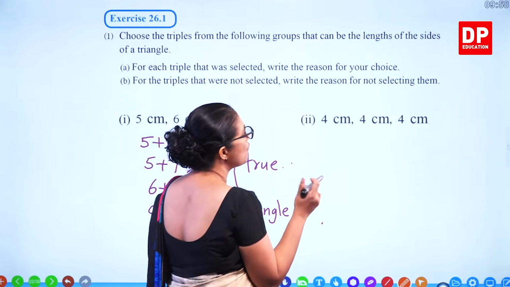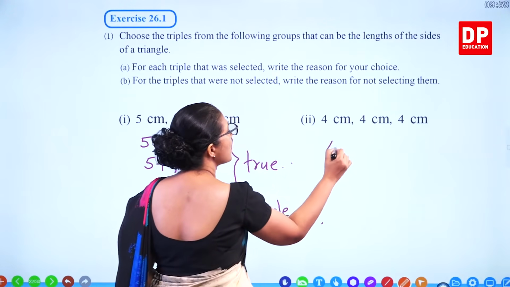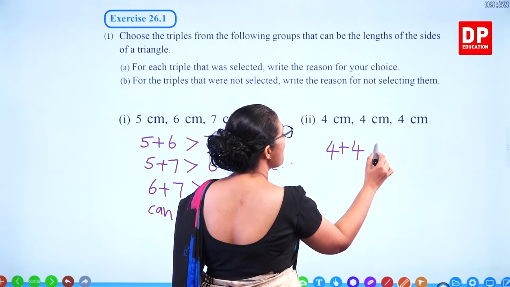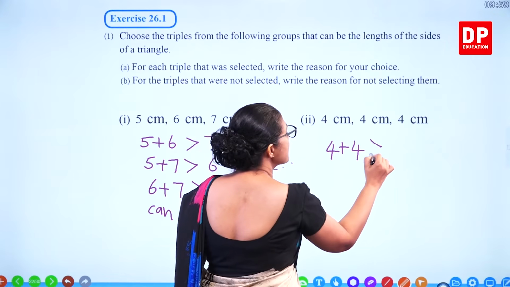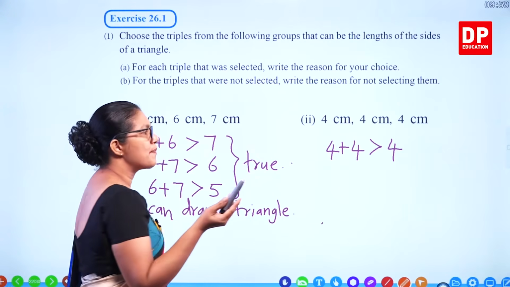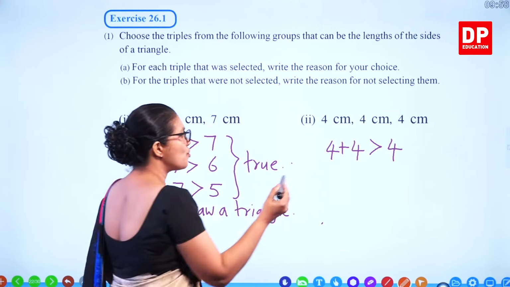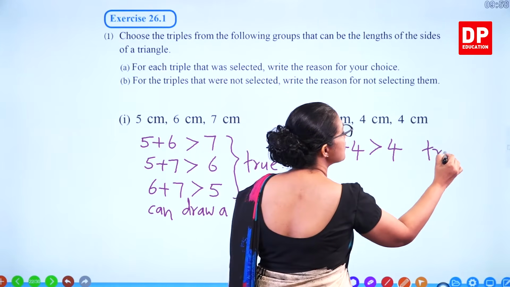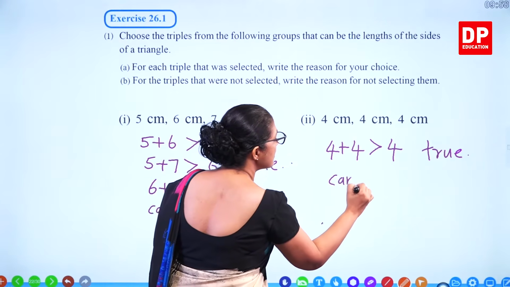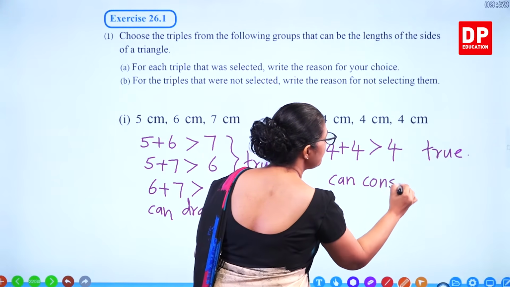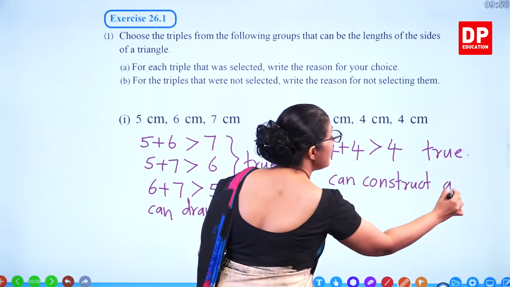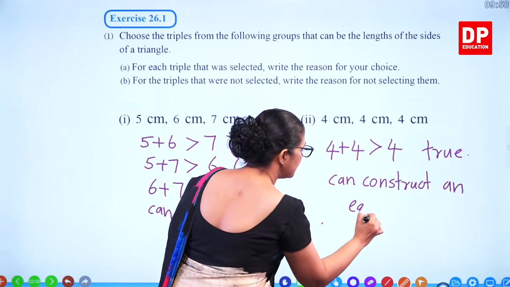What about this one? 4, 4, 4. We'll check 4 plus 4, you get 8, that's greater than 4. The same thing happens when you take two pairs. So true. So this is an equilateral triangle, so we can construct an equilateral triangle.